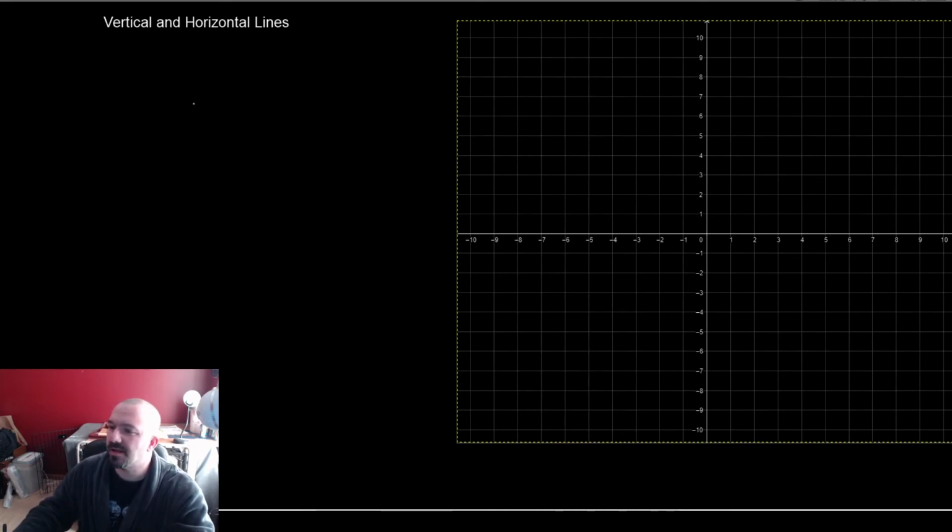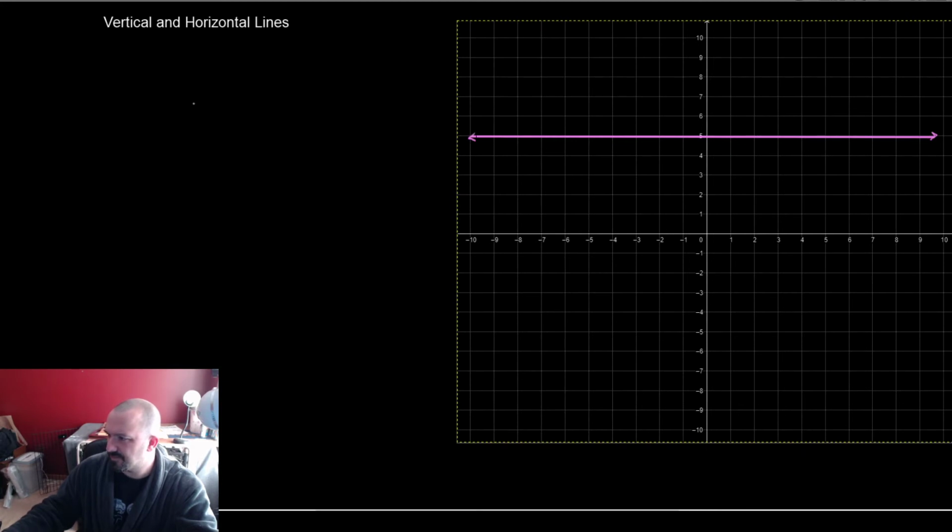Let's go ahead and give a couple of examples here. Let's start with the horizontal line. For some reason, that just inherently seems easier for people. So here we go. We have a horizontal line. If we started naming points on this line, here we have -8, 5.